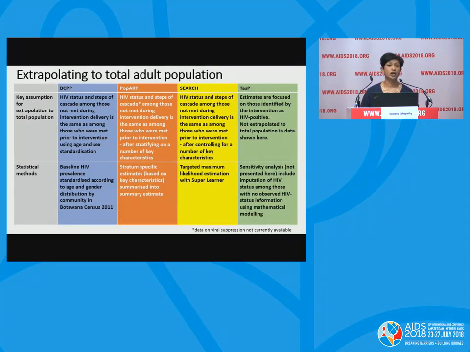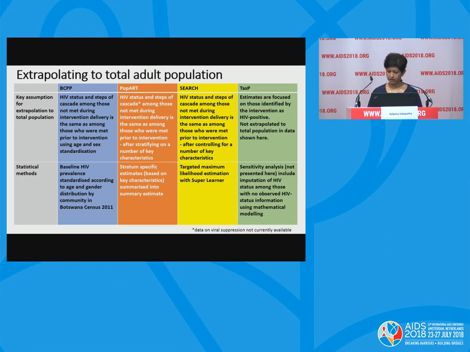So if we go on to look at what was required to extrapolate the information gained from those reached by the intervention to the total estimated population, we can see that the first three columns show what those first three trials did, and they all use similar principles.